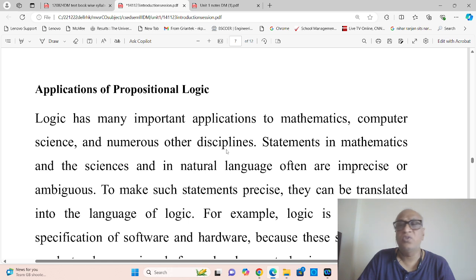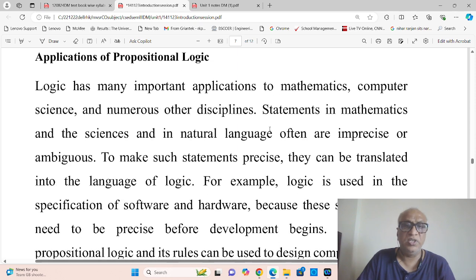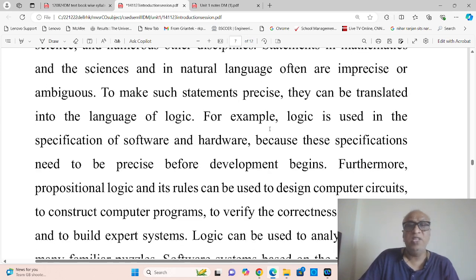Now we have understood a little bit of propositional logic, but what are the applications of propositional logic? They can be applied in mathematics, computer science, and many more disciplines. Also in natural language processing, because natural languages are quite ambiguous and imprecise. To make them precise and unambiguous, we need to convert them into logic.